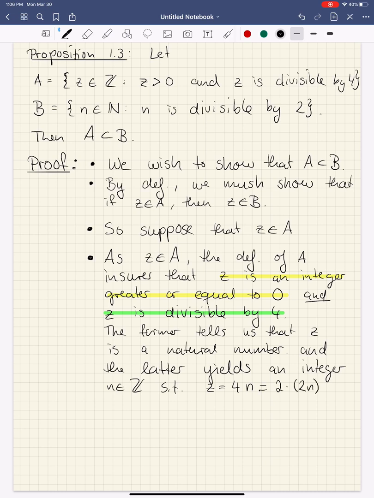Well, and now we have everything for B in here. What do we have? We have that z is a natural number, and z is 2 times something, which means z is divisible by 2.